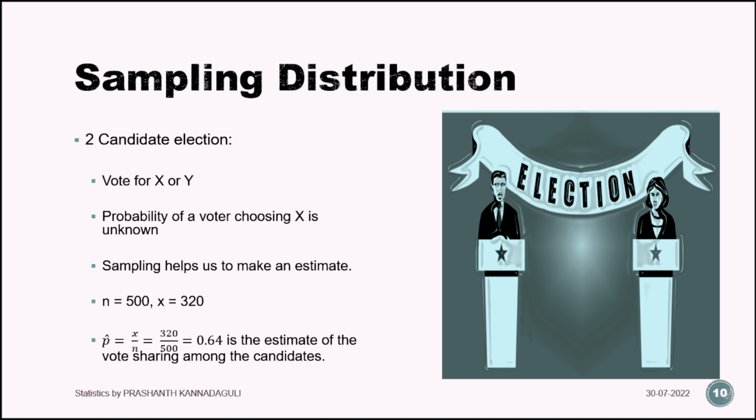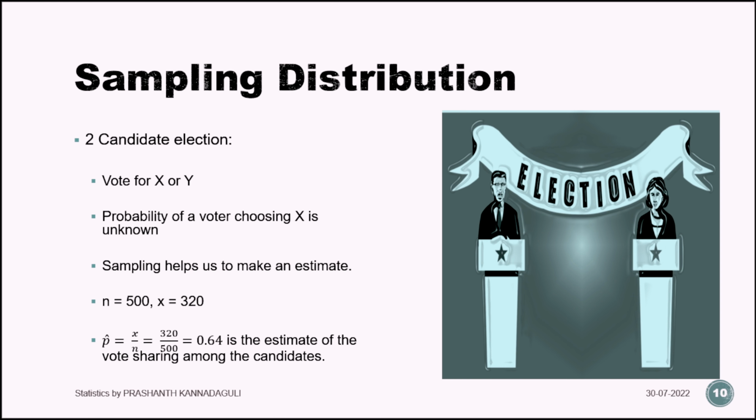So what we can do is make an estimation, that is P cap. As you can see here, the P cap is equal to X divided by N. As far as this problem is concerned, I get 320 by 500, which is 0.64.